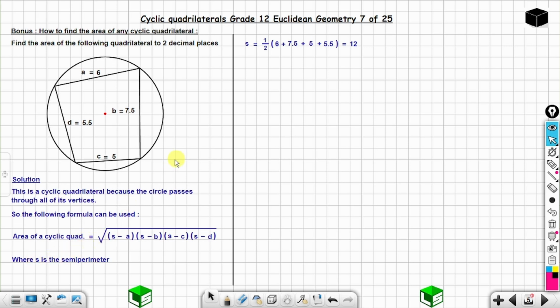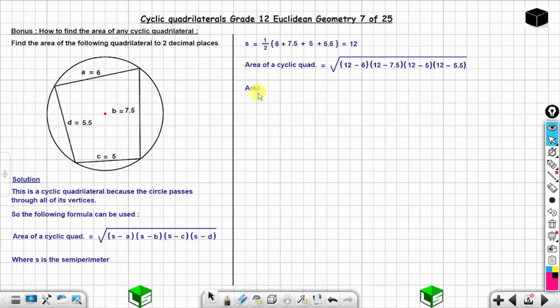Now the area of a cyclic quad, you are going to use this formula. You plug everything that you have into the formula. A is equal to 6, B is equal to 7.5, C is equal to 5, D is equal to 5.5, S is equal to 12.